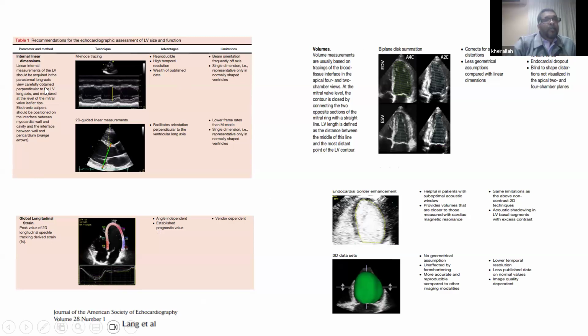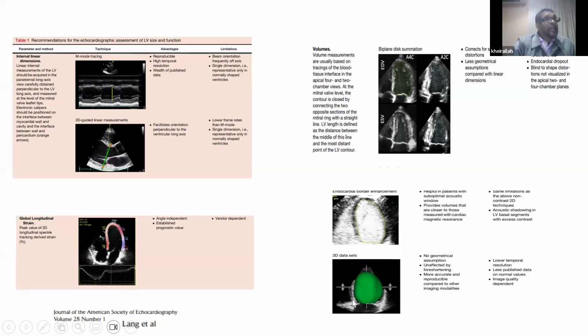So the recommendation is assessment of LV function based on linear dimensions by 2D and M mode. I'm going to discuss that. Then volumetric assessment by the biplane method, which is called the Simpson method. We can sometimes use contrast if the endocardial borders are not clear, so the contrast is going to enhance the endocardial border.